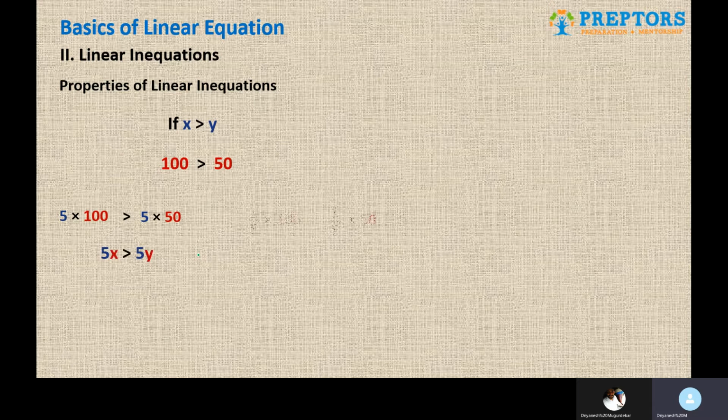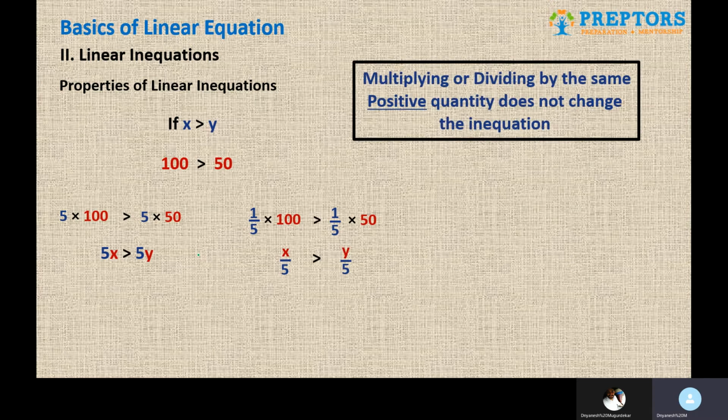Or for that matter, you divide by 5 on both the sides, the sign of inequation does not change. The critical part here will be the positive number. You will see why we are emphasizing that fact in the third rule. But right now, for the moment, multiplying or dividing by the same positive quantity does not change the inequation.